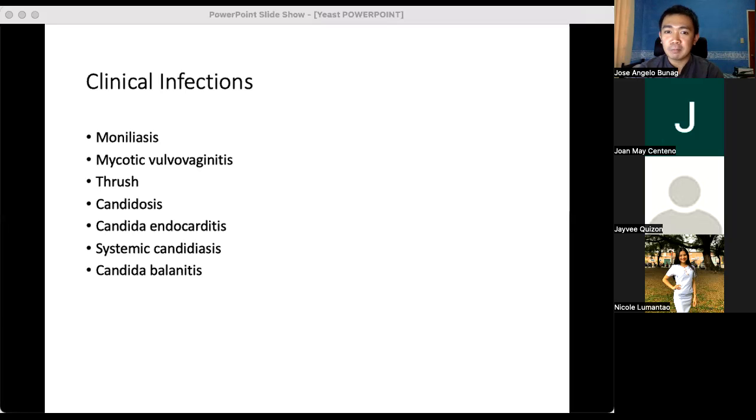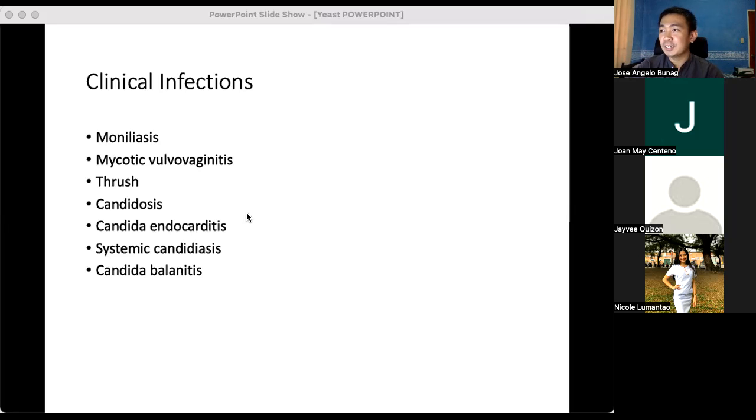And one laboratory method for us to diagnose your Candida albicans is with the use of your germ probe test or germ probe formation. So later, napag-usapan po natin iyan. So this is just an introduction.